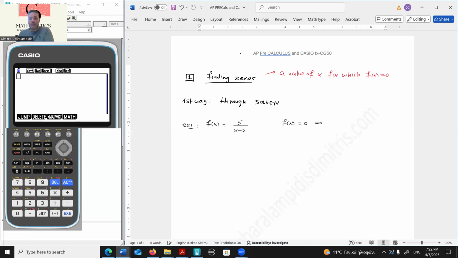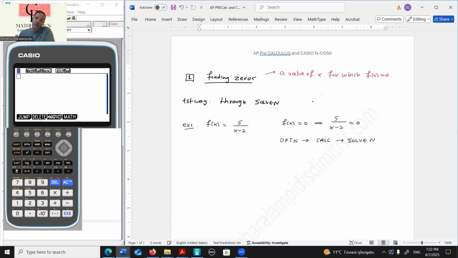F of x equals 0, so 5 over x minus 2 equals 0. Although this is an easy task, even by hand, remember that this video is about using the calculator. So remember that we have to do option, calc, and then solve.